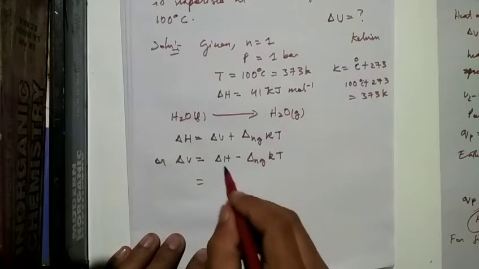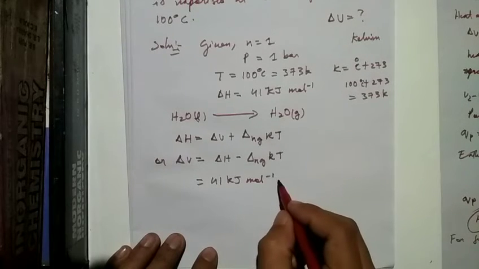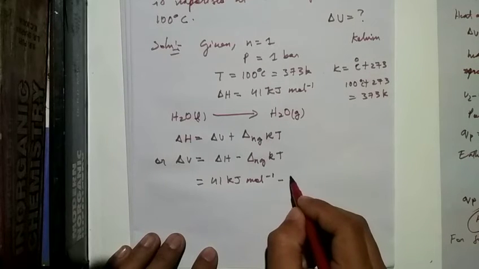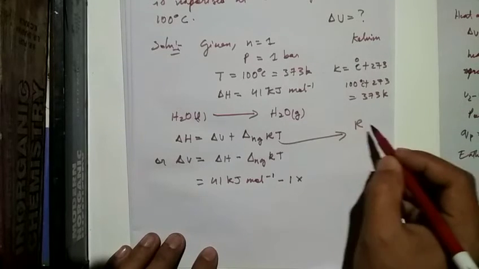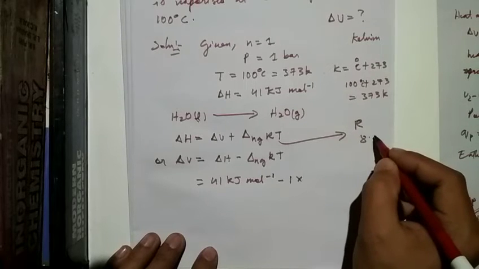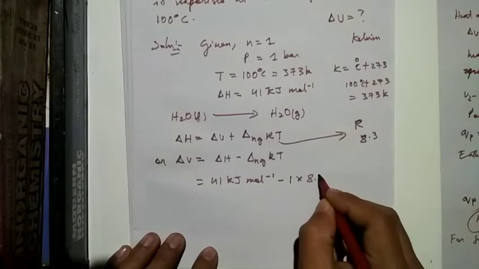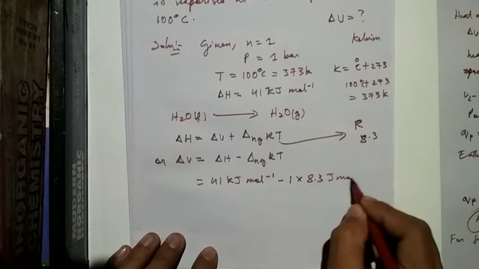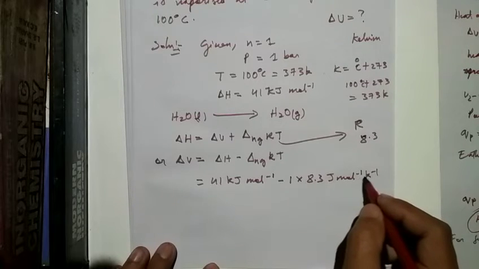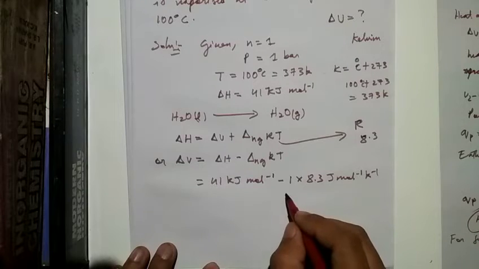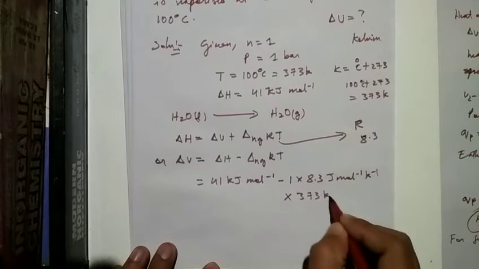So delta H is 41 kilojoule mole inverse, and n we got as 1, into this R, the gas constant, whose value is 8.314, but we are just writing 8.3 here, joule per mole per Kelvin, into temperature 373 Kelvin.